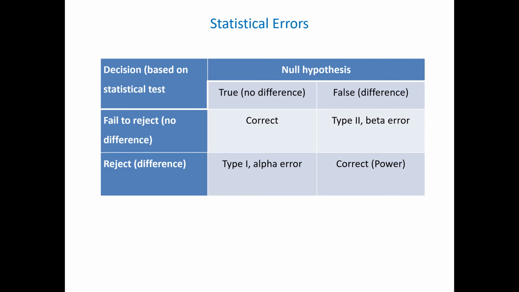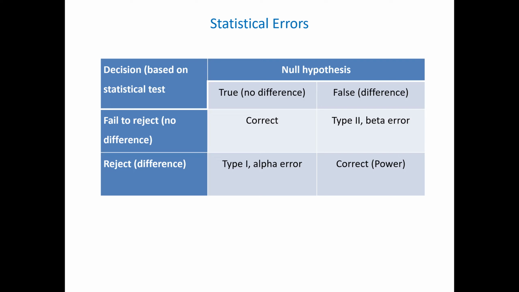Look at it. Rejecting horizontally, and vertically, the null hypothesis is true, no difference. You find a difference, but in real life there's no difference. You have rejected the null hypothesis when the null hypothesis is true. That's type 1 error. Now, the other error that can happen is when there's a difference in real life, but you find no difference.